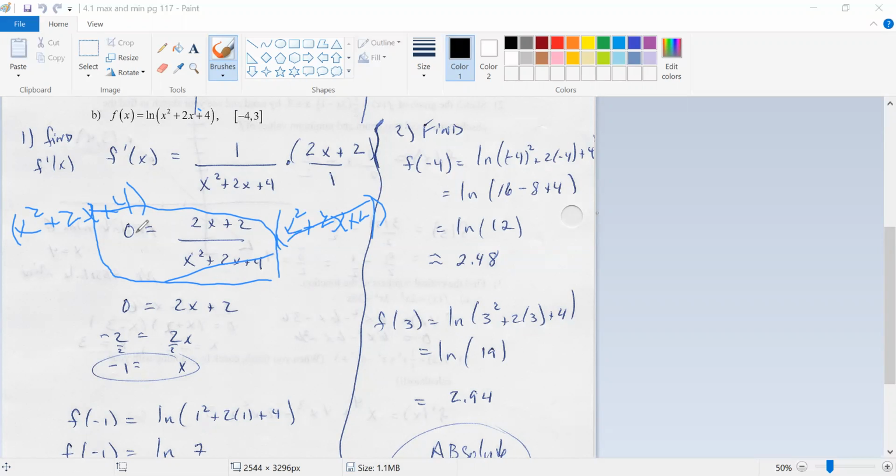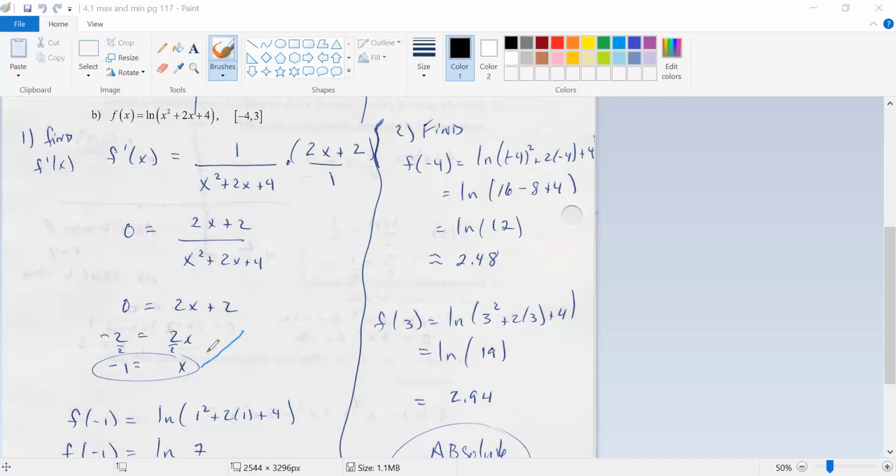So all that really ends up happening is you end up with 0 over this top quantity, which was 2x plus 2. Move the 2 over, that's negative 2, divide both sides by 2. My critical value is where x equals negative 1. Now, again, file that away. So if I clear all my drawings, we're not going to forget that that value is negative 1.